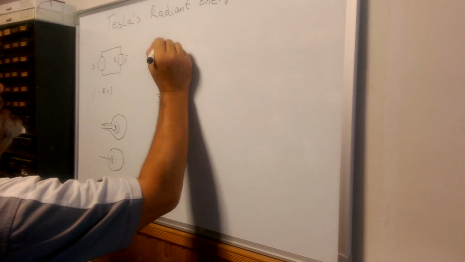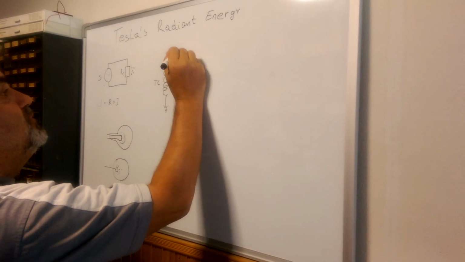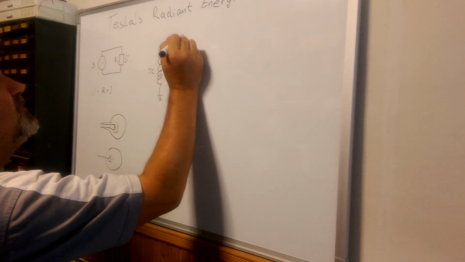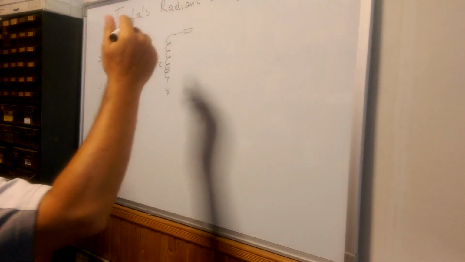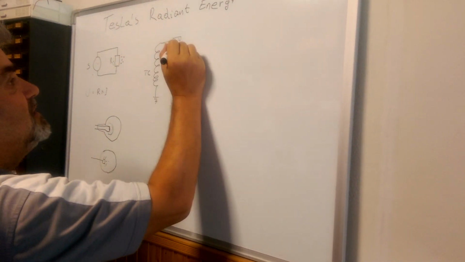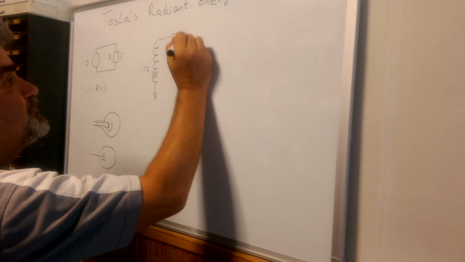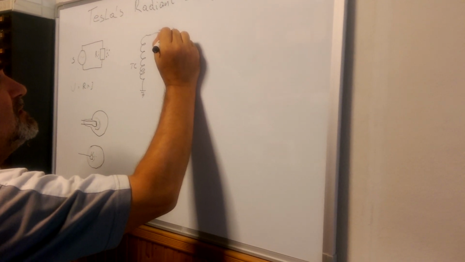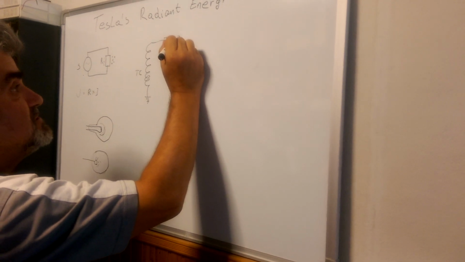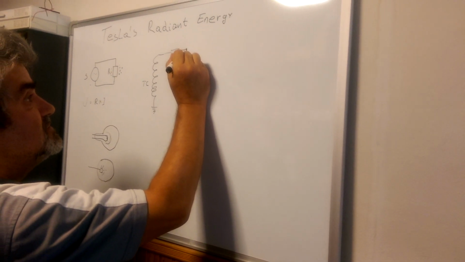Then I made something different. I put a high value resistor, let's say about 600K, then a capacitor. I will draw how it physically looks now.